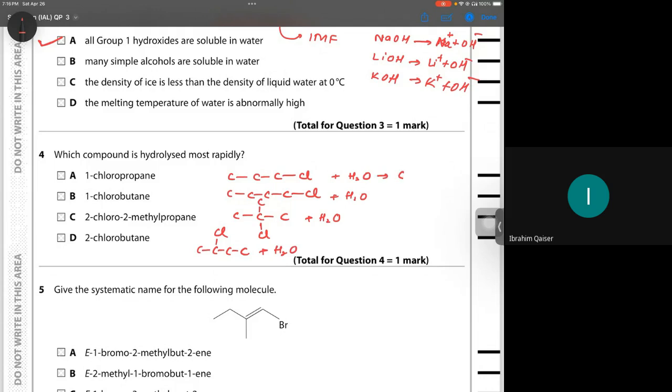So it would be forming this one. Chlorine is substituted by OH. Remember, when we were discussing alkenes, I told you regarding the carbocation: primary carbocation, secondary carbocation, tertiary carbocation.